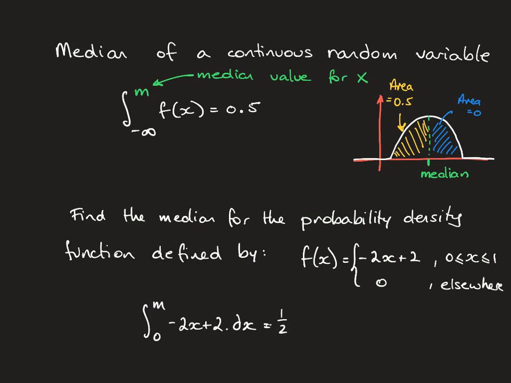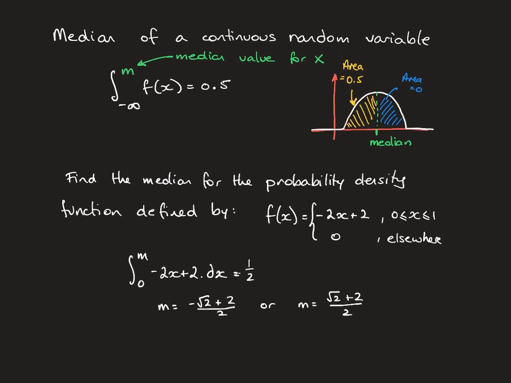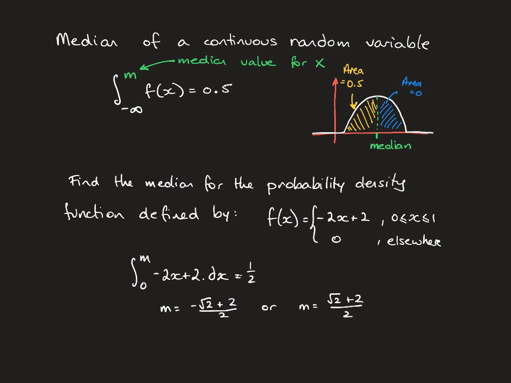And when we solve that using our CAS, we get two values for m. We get m is equal to these two values there. If I write those as decimals, it becomes easier to compare the size. Now, we need to remember that our m is our median, and it is actually one of our x values.